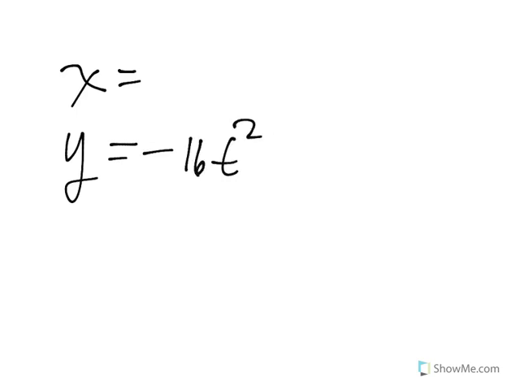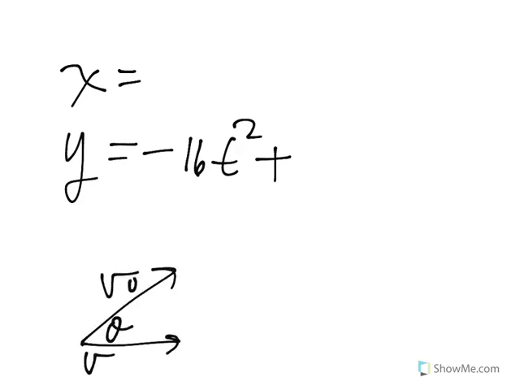That's where we need a parametric equation. So the y equation is the equation of the height, which is negative 16t squared plus... Now, if this is v0 and here's theta, if this is a right triangle of forces here, the vertical displacement, at least in the beginning, is v0, the hypotenuse, times sine theta.